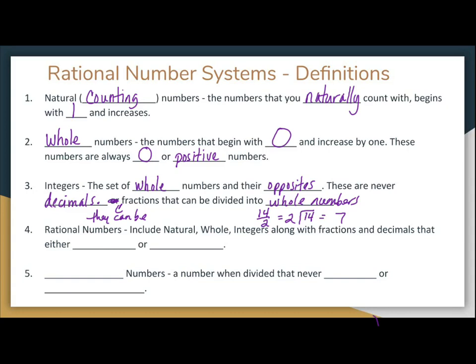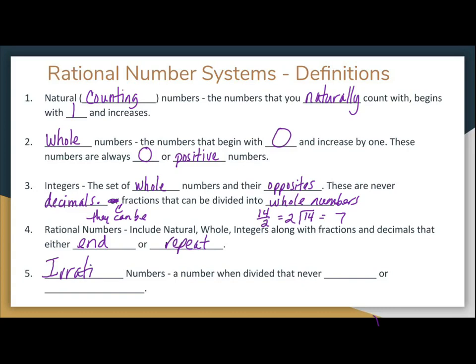Rational numbers include natural numbers, whole numbers, integers, along with fractions and decimals that either end or repeat. The decimals have to come to an end or they have to repeat. They cannot be decimals that go on forever and never end.